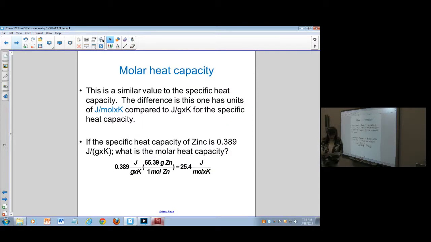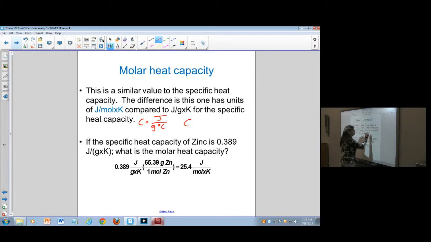One other type of measurement, which I've kind of brought your attention to before, that you might see in the lab, instead of being in specific heat units, remember our specific heat is joules per gram per degree Celsius or Kelvin. In the case of a molar heat capacity, we're not talking about 1 gram, but a whole mole.